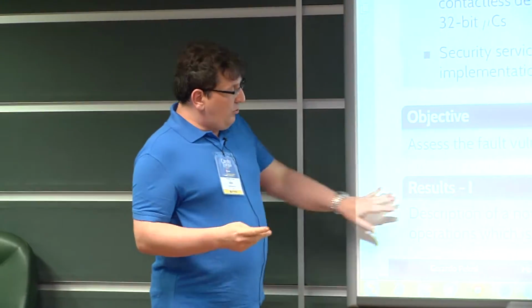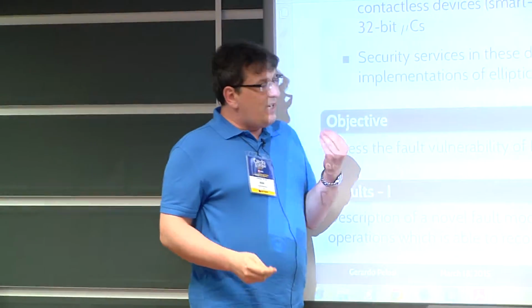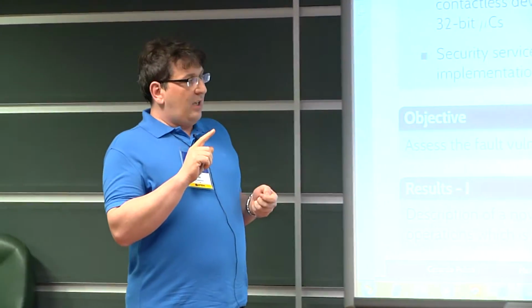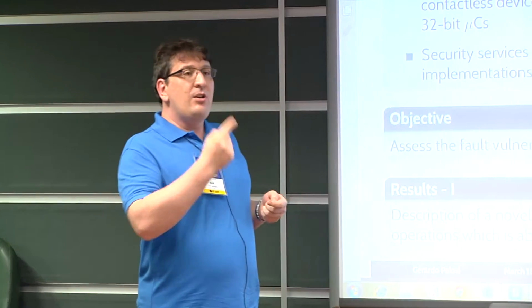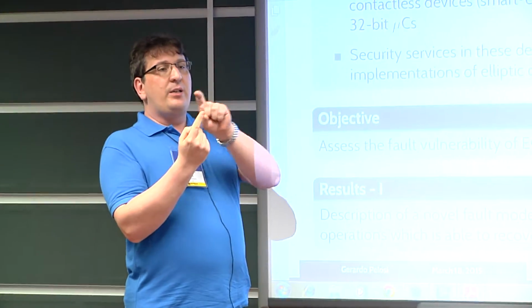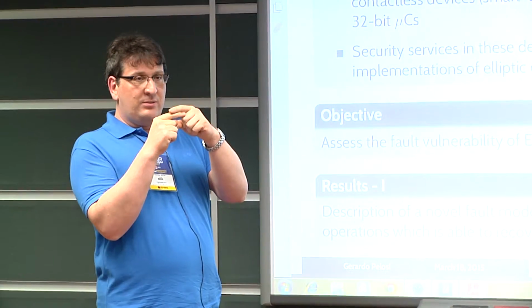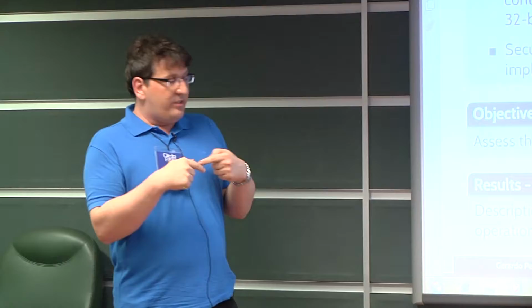I'm not giving you the details of this fault model, but the basic idea is that if you are able to induce an erroneous computation even in a single digit during the computation of a multiplication, you can exploit this to recover the secret key.